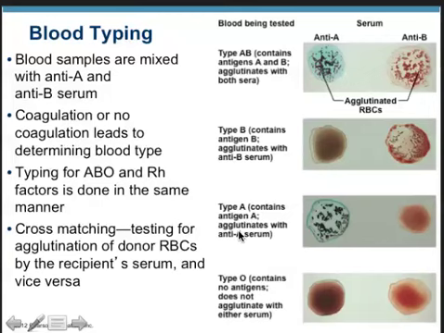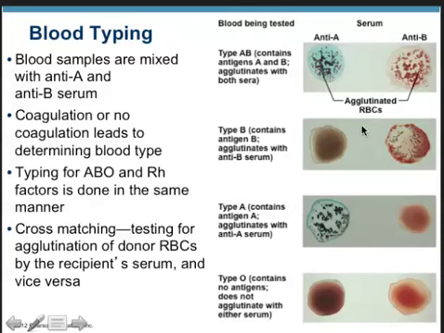And so what you're seeing here is an example of some different blood typing reactions using different blood samples. In this individual, we see agglutination in both the well with the anti-A antibody and the anti-B antibody. And so we would assume from that result that the individual's blood had both the A and the B antigen on its surface, and so that individual's blood type would be AB.